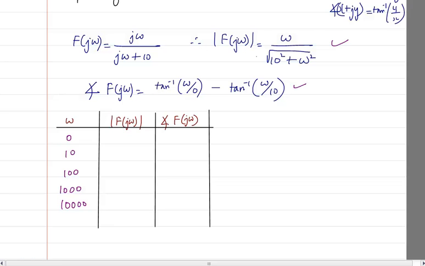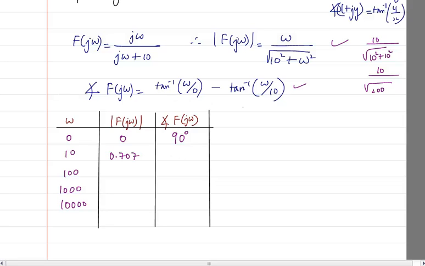So what if omega is equal to 0? If I put it here, the magnitude will give me 0, and the angle would be tan inverse of infinity, which is 90, correct? So this is going to be 90 degrees. Similarly, if I put 10, I will get 10 divided by under root of 10 square plus 10 square, which is 10 divided by under root of 200, which is 1 by root 2, which comes out to be 0.707.